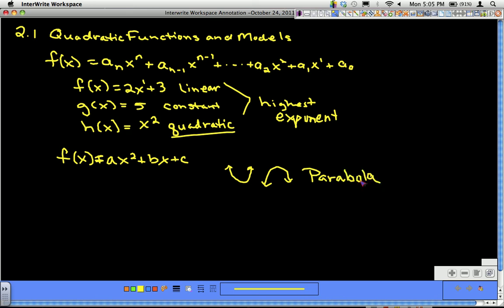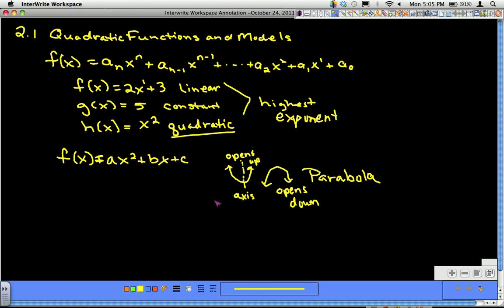There's a couple things that we can look at on here. With the parabola, we can split it down the middle, and that's known as its axis of symmetry. The one that I've got here, we would say opens up, and this one obviously then opens down.